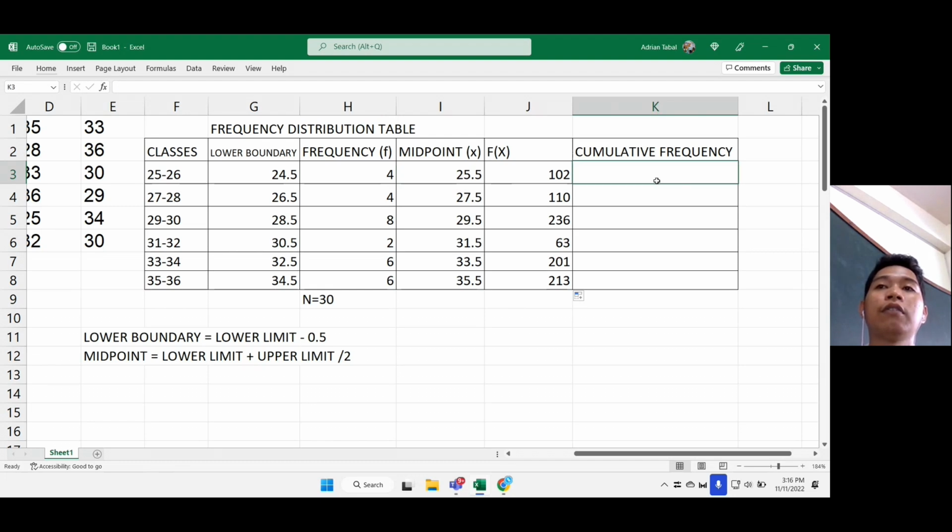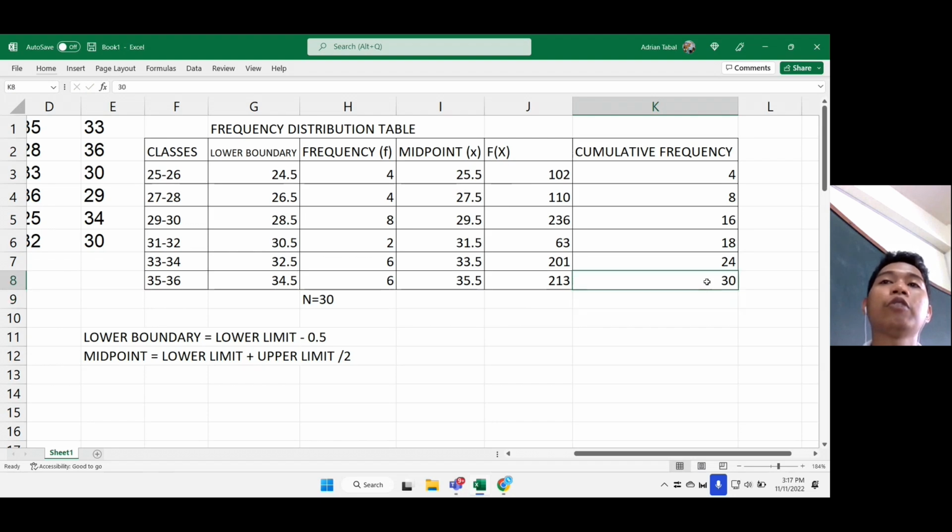So, we have 4. After this one, we add 4 plus 4, that is 8. 8 plus 8 to the next frequency, that is 16. 16 plus 2, that is 18. 18 plus 6, that is 24. The last one, 24 plus 6, that is equivalent to 30.